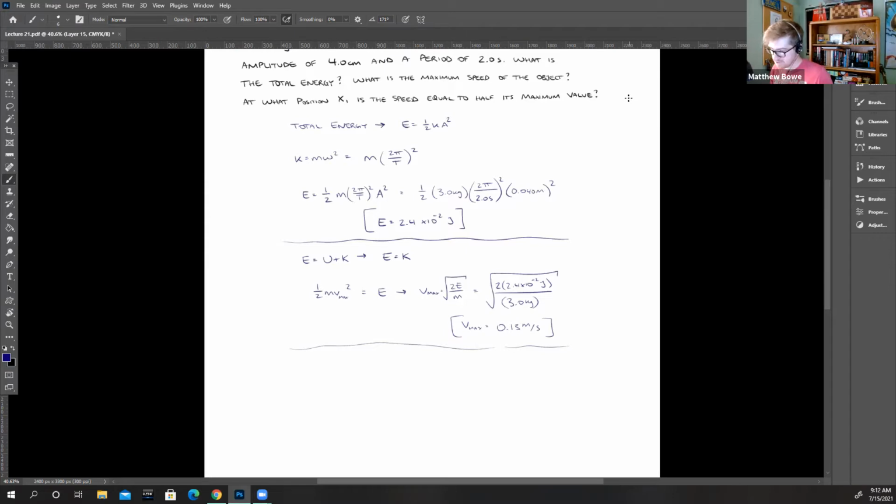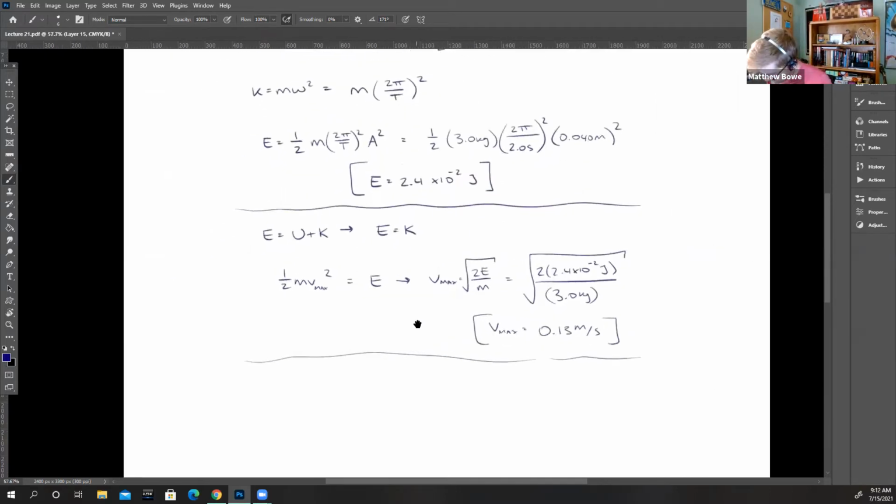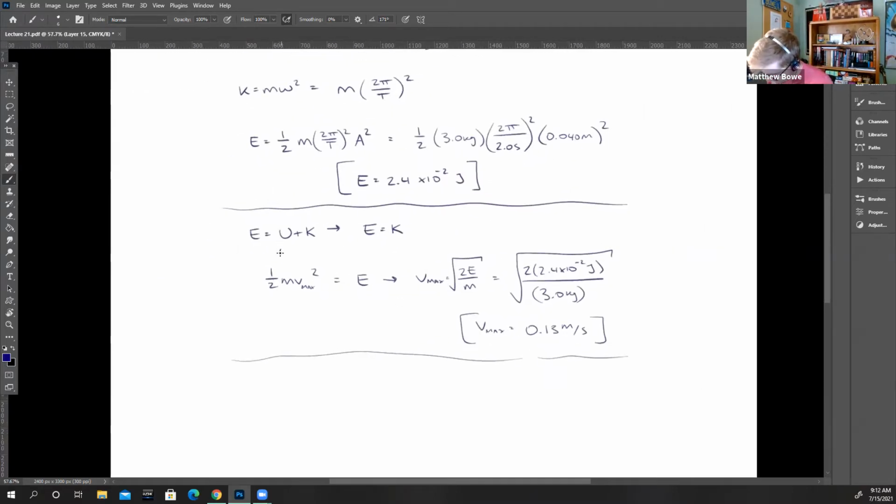At what position x? Thinking about how I found the maximum velocity right here, I said potential energy is 0 while it's moving its fastest, and so it's going to be completely all kinetic energy.